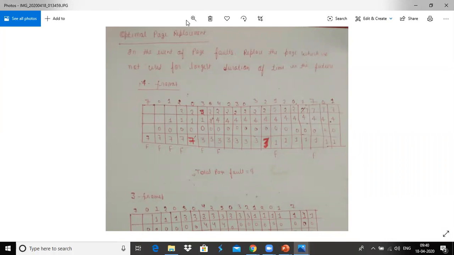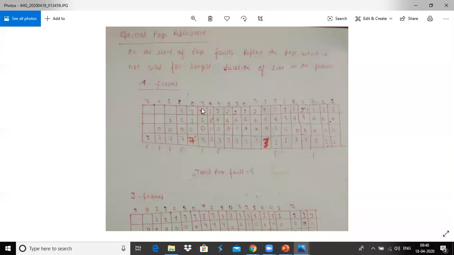Which page is not used for the longest duration of time? Page number 7 is not used for the longest duration of time. That's why we will replace page number 7 at page number 3. Why is page number 7 replaced? Because from page number 3 we are seeing all the pages which are already in the frame.